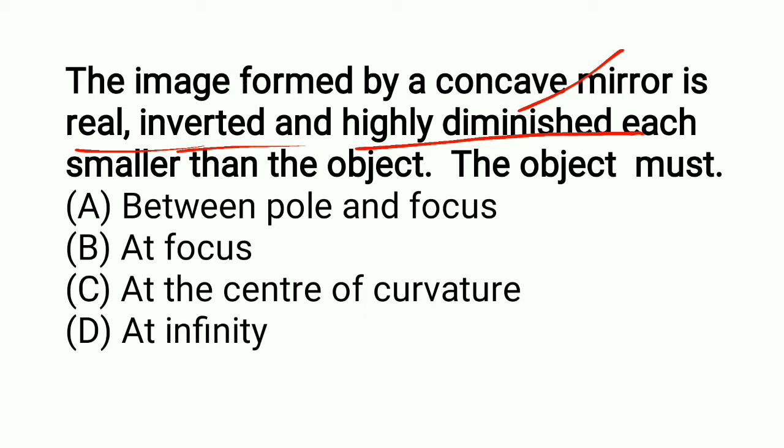The object must be... As we know, the image formed by the concave mirror is highly diminished when the object is kept at infinity. So no need to cross check all these things. As we know, the concave mirror produces a highly diminished image if the object is kept at infinity. So option D is the correct answer.